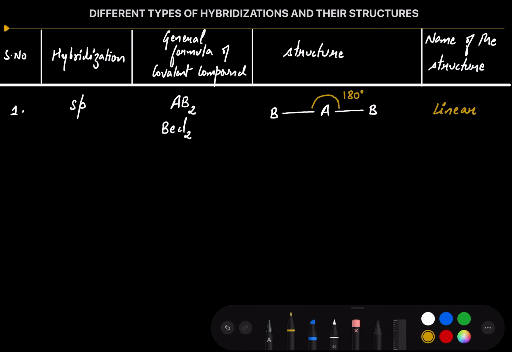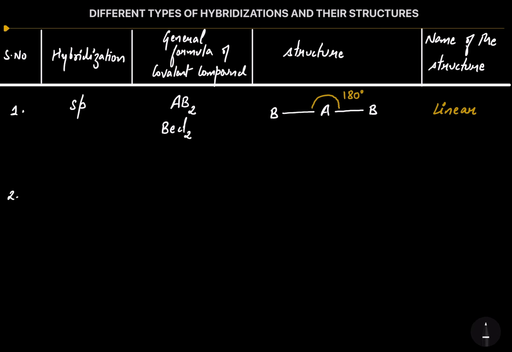Now let's talk about the second type of hybridization, sp2. The general formula of the covalent compound undergoing sp2 hybridization is AB3. Here the central atom is A and the side atoms are B. Let me take an example of AB3, that's boron trichloride, BCl3.